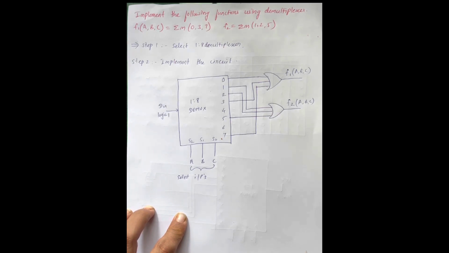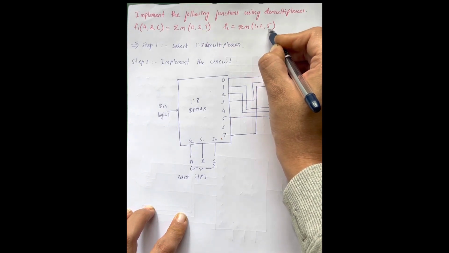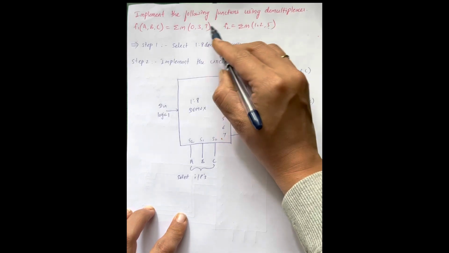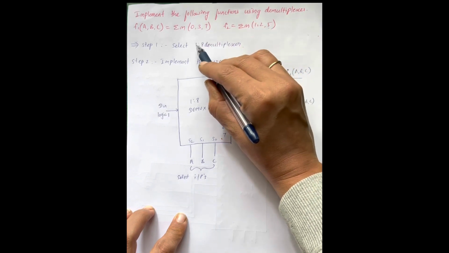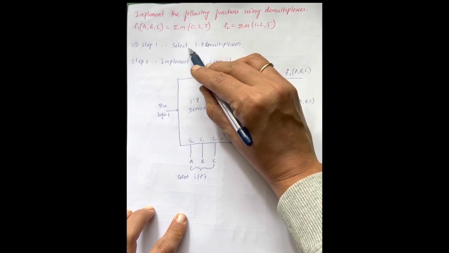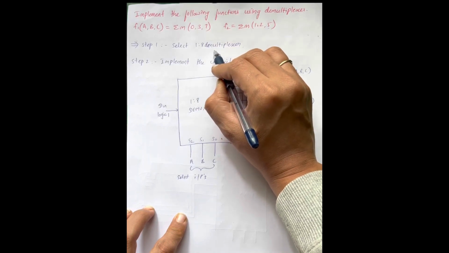If I take 2 inputs, then 2 to the power 2 means 4 combinations, and its range will be 0 to 3, right? You can see here that it is not below 3, it is greater than 3. So that's why we'll require a 1:8 demultiplexer for both functions, right? So I just choose the 1:8 demultiplexer.